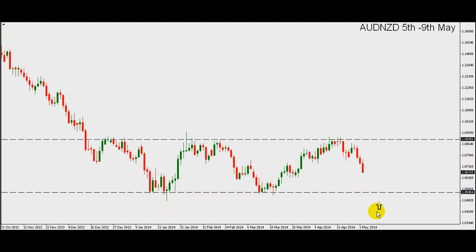If we see a breakthrough here, then you've got to look for a retest of this level to see if it's become resistance, and then the appropriate candlestick price action to continue with that short. Don't go short just on a candlestick breaking underneath this level, because it may be a fake out, and the price will then return back up to this level here, taking your stop with it. So that was AUD NZD.